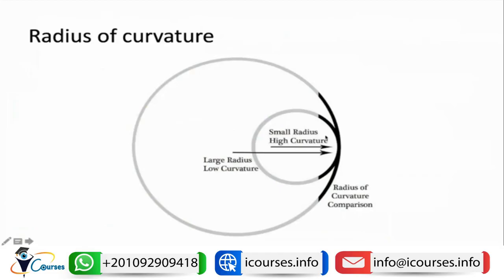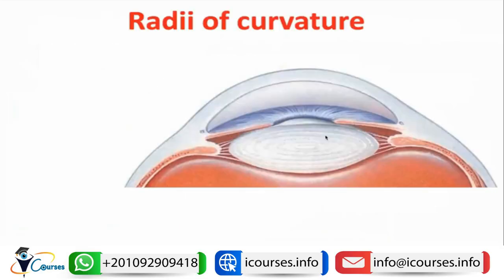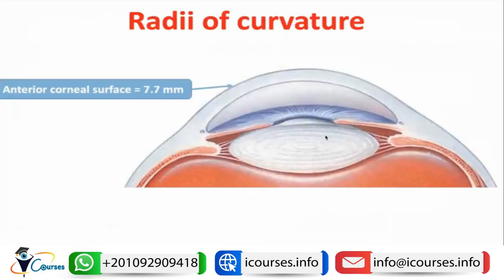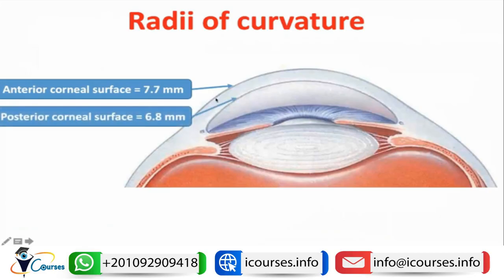Based on how much each surface of the eye is curved, the radii of curvature of these surfaces are calculated. The radius of curvature of the anterior corneal surface is 7.7 millimeters. However, the posterior corneal surface is more curved than the anterior corneal surface, so its radius of curvature is less.